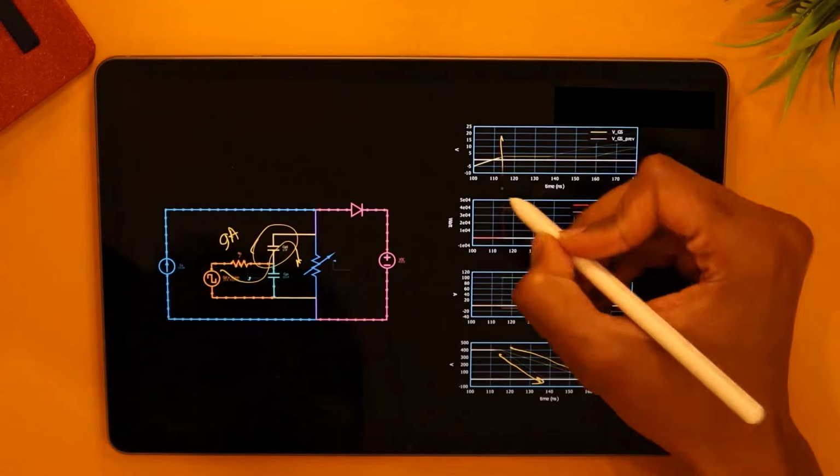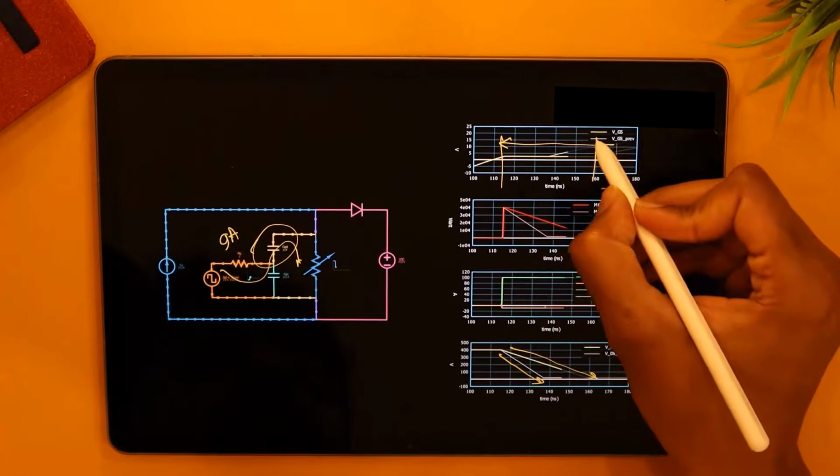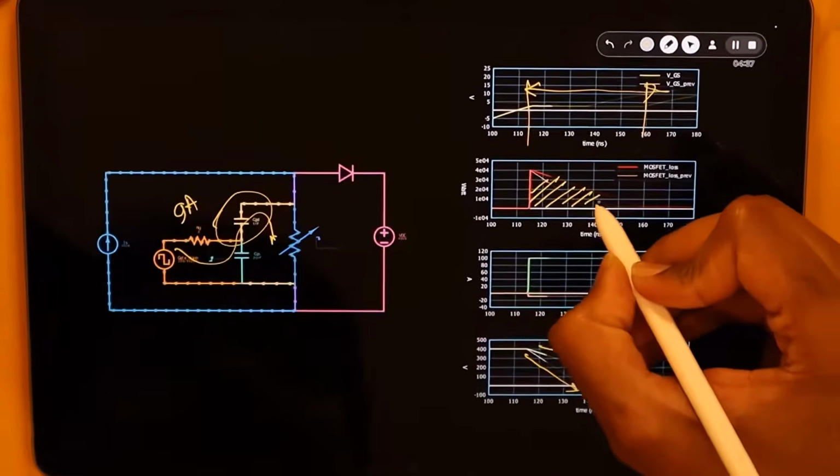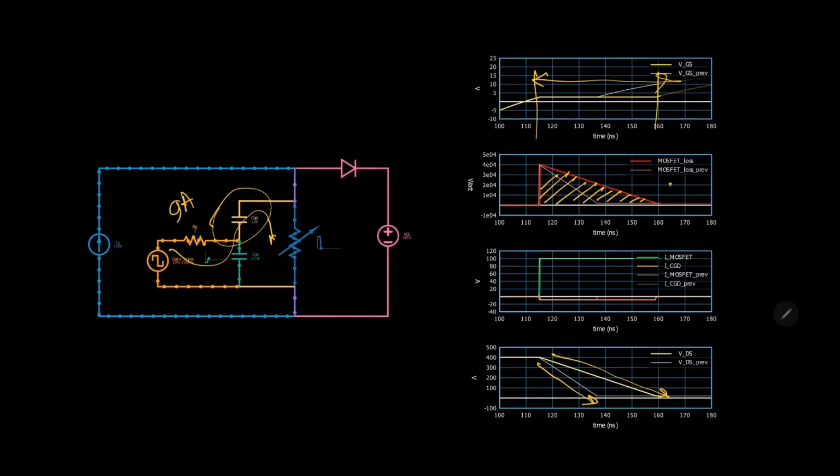So the plateau has almost doubled in size, and the switching loss triangle also has doubled. So it's almost twice the loss, more loss. So it's very important to look at this parameter CGD when you select the MOSFET. It essentially determines how good your MOSFET is going to be in terms of losses.